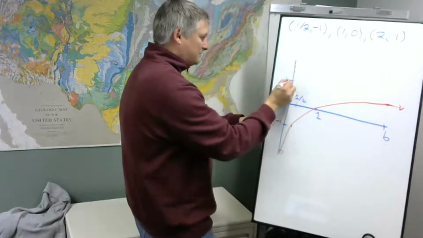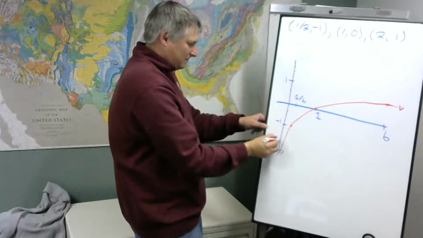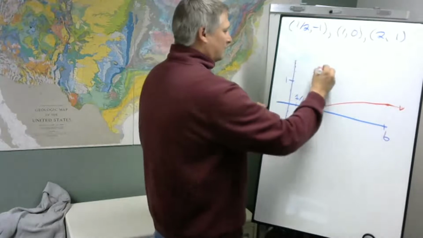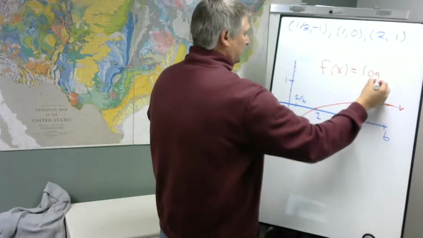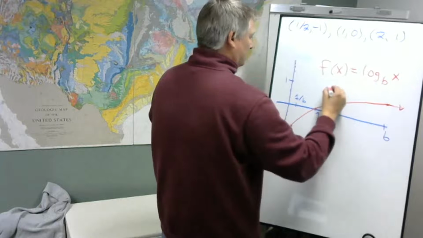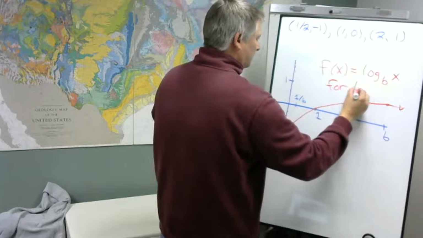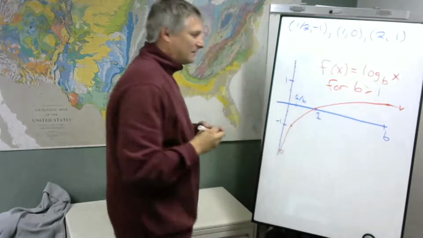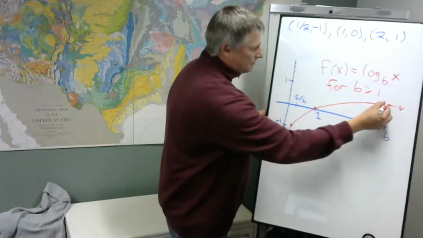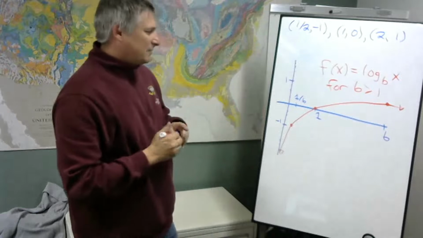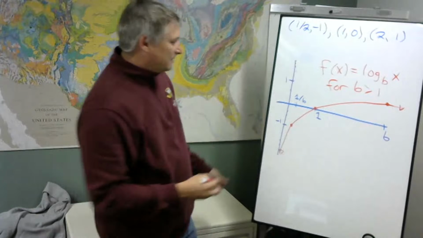And the vertical asymptote. So in general, that's what we're going to get.